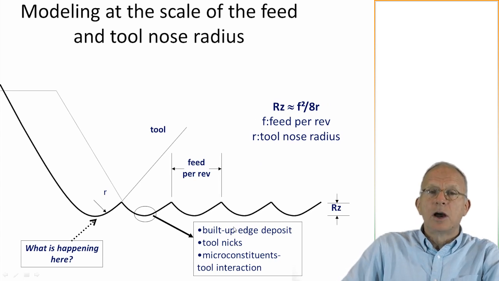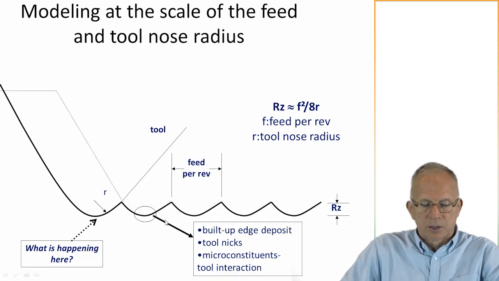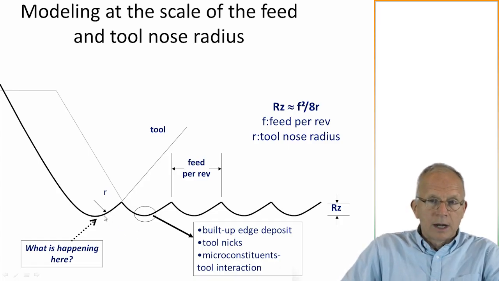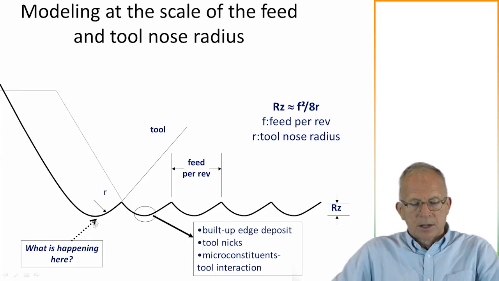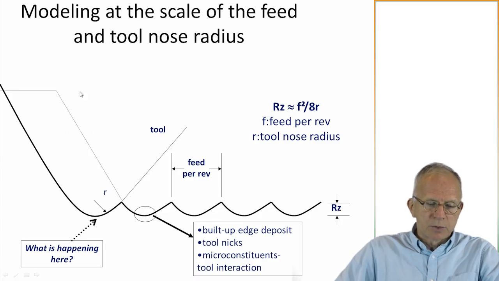Now this takes no account of the built-up edge, tool nicks, which would be imparted here on this surface, or interactions with the microconstituents in the workpiece, which can also show up here, or any kind of chatter, vibrations, and so on. The other point to note, when we studied the chip formation, we're studying this region in here, the bulk of the chip, where the bulk of the force is being generated.